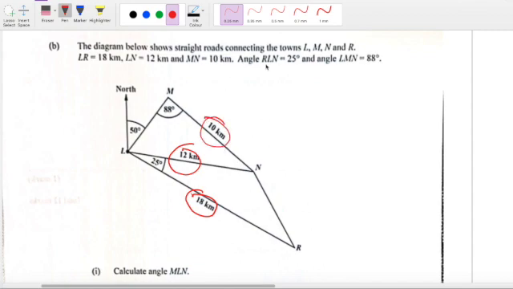And angle RLN is 25 degrees here. And LMN is 88 degrees here. And I can see we have the north line from L, and we have a bearing here of 50 degrees. Calculate the angle MLN. I've seen that at the bottom here.